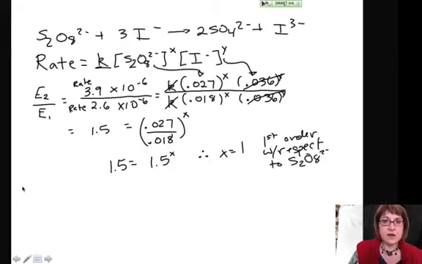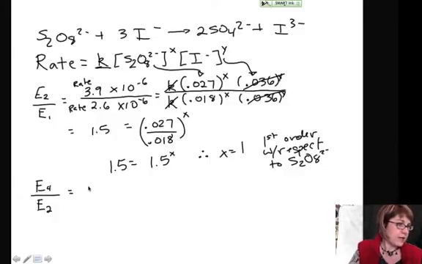Now let's see what happens with iodide. To figure out iodide, the experiments that I chose to use here are experiment 4 divided by experiment 2, because in that case my iodide concentration was changing, and that's the best I can do. There's not one where thiosulfate is held constant, but now that I know what its exponent is, we can handle that.